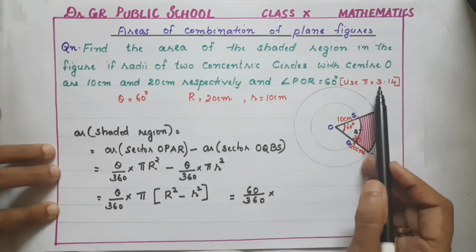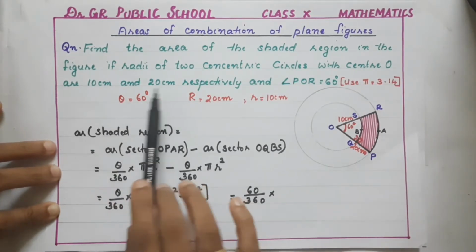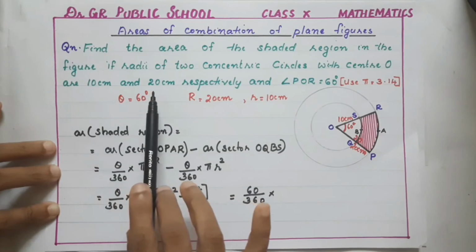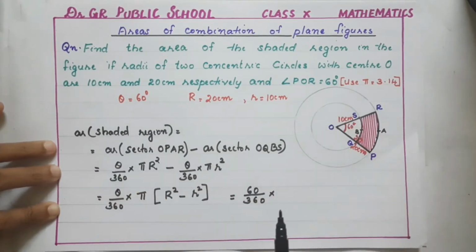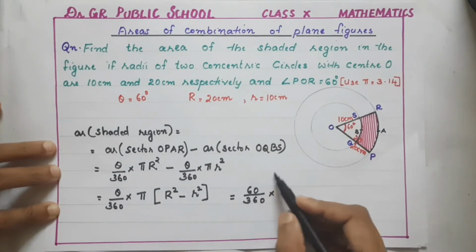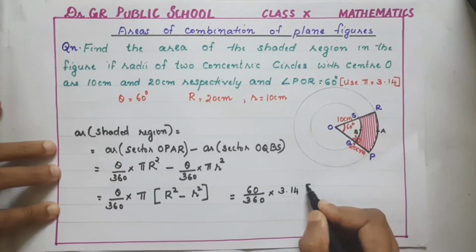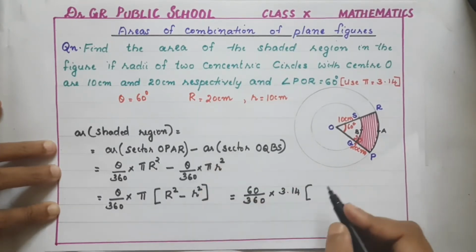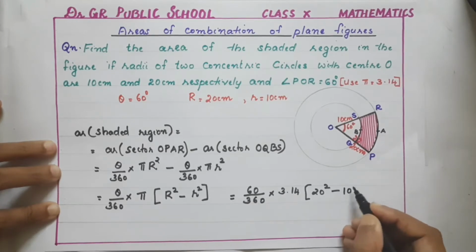You have to put 3.14, because if you are putting 22 by 7, the radii are not multiples of 7, and in that type of questions, they will give pi as 3.14. So pi 3.14. Then capital R 20 square minus 10 square.